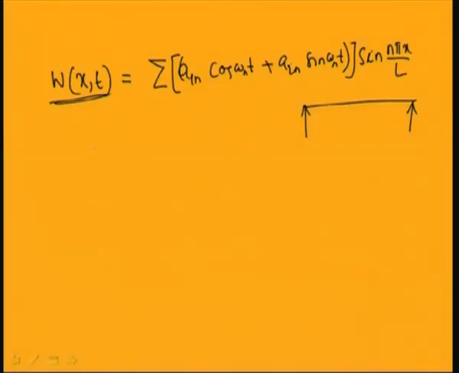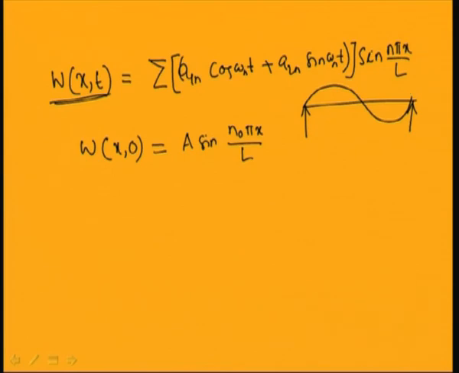Let us consider the initial condition in this way. Let at a particular time W x 0 equal A sin n0 pi x by L. That means initially the beam is vibrating with a particular mode, that is, at t equal to 0 let us consider that the beam is vibrating with the second mode.